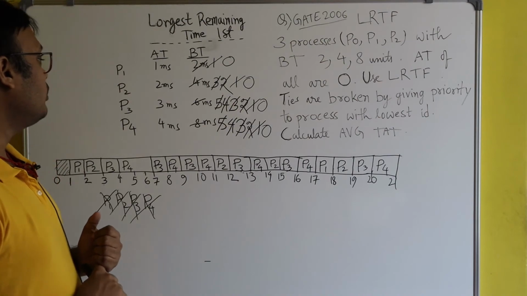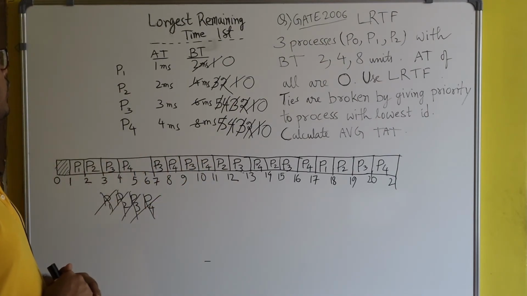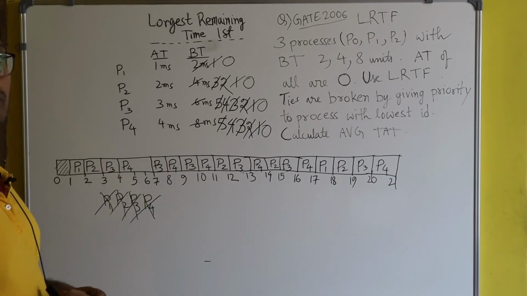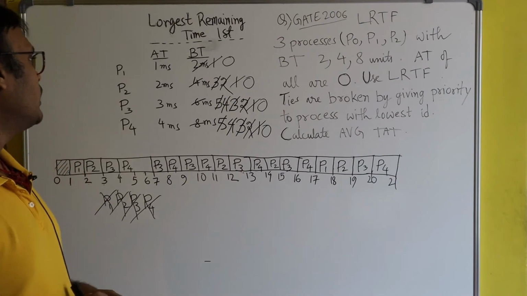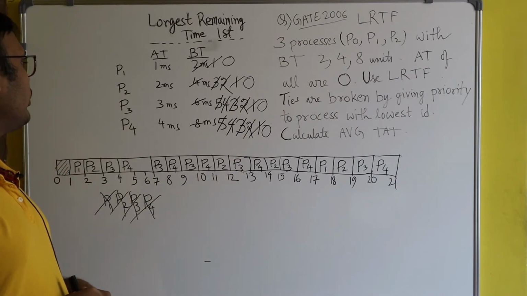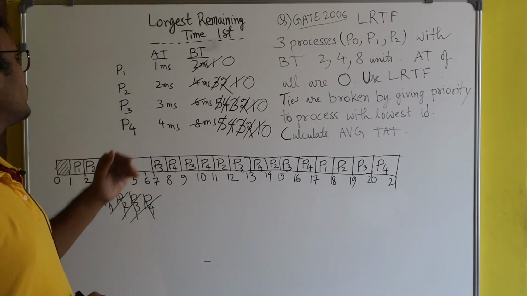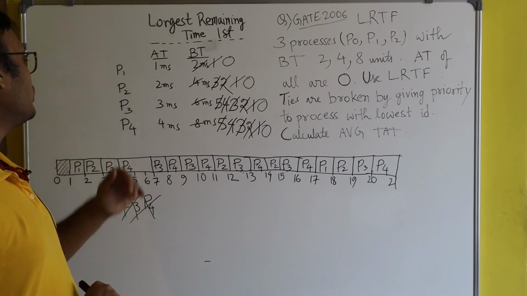Now from this Gantt chart, we can find out the completion time, waiting time, and turnaround time. I know you can calculate those things, so I will only calculate the turnaround time and completion time of process P4 and process P3.